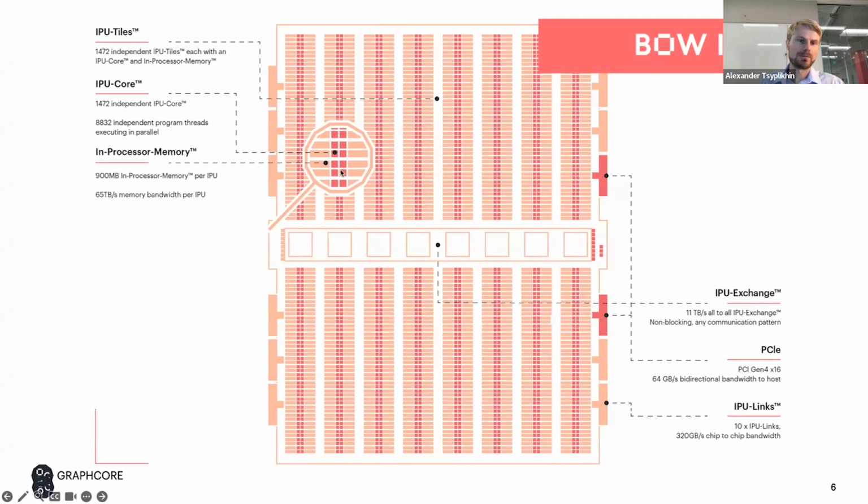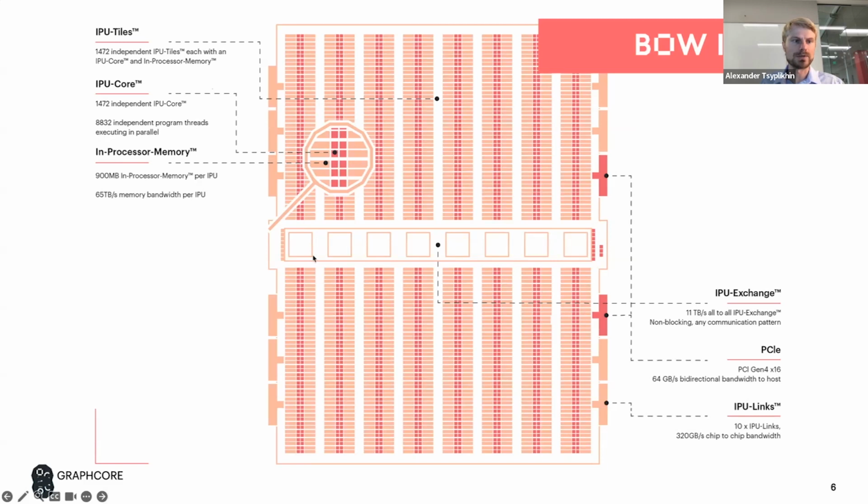On this floor plan, you will see cores that are marked with these red squares, and each core has memory, which is local and private to that core. And the cores can talk to each other through the IPU exchange fabric.